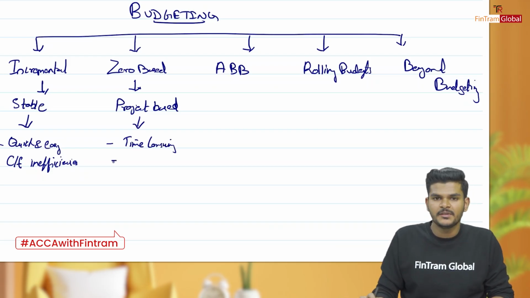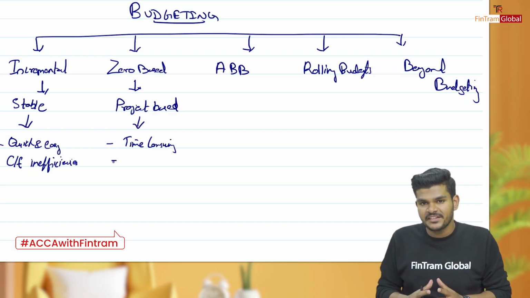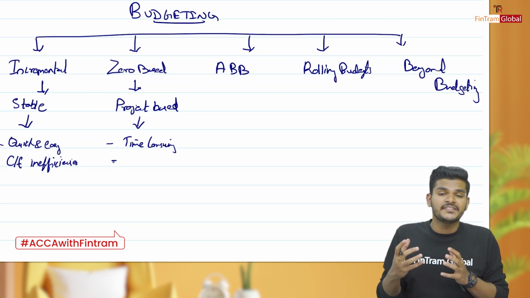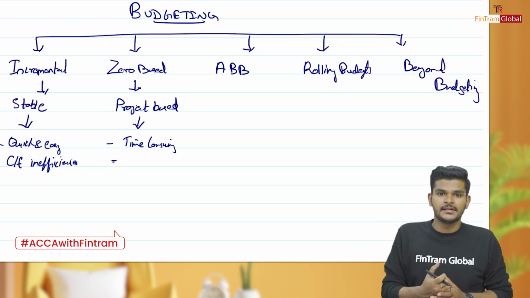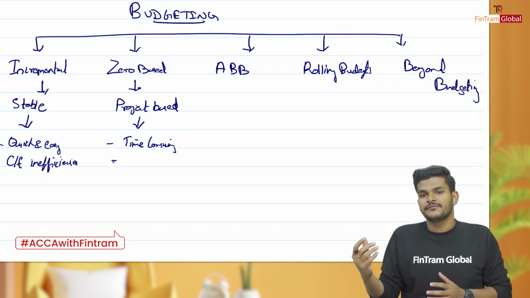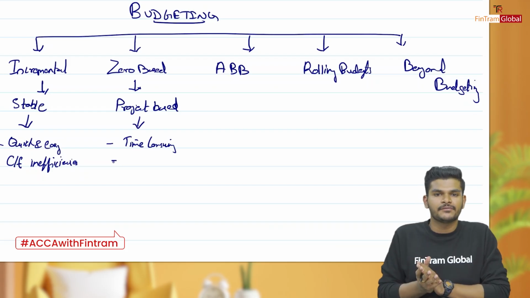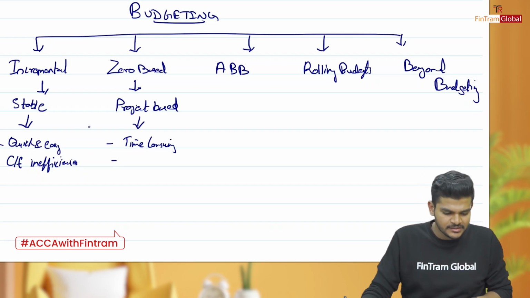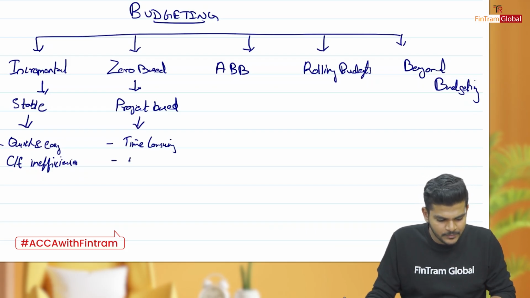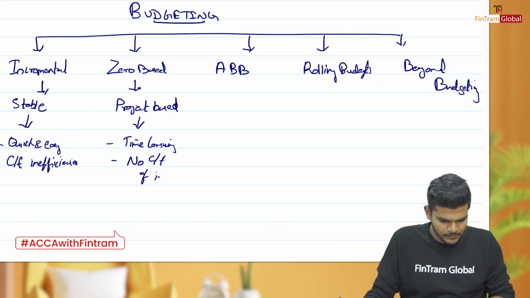It is a time-consuming process because when it comes to zero-based budgeting, we're starting every single thing from scratch. Everything starts from scratch. We're not carry forwarding anything from previous year. So one of the advantages because of that would be that there won't be any inefficiencies carry forwarded. Okay, folks, no carry forwarding of inefficiencies.